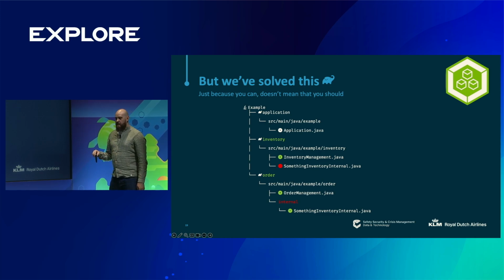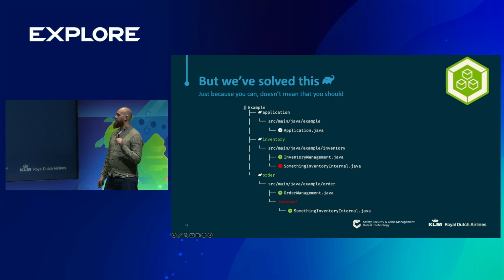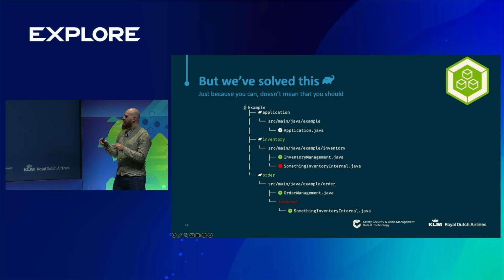One of the things that came up when we first started using Modulith was people saying, but we've already solved this problem. If I use Gradle or if I use Maven, I can take those modules and do a multi-module project, and then I can keep things segregated into my layers that way.